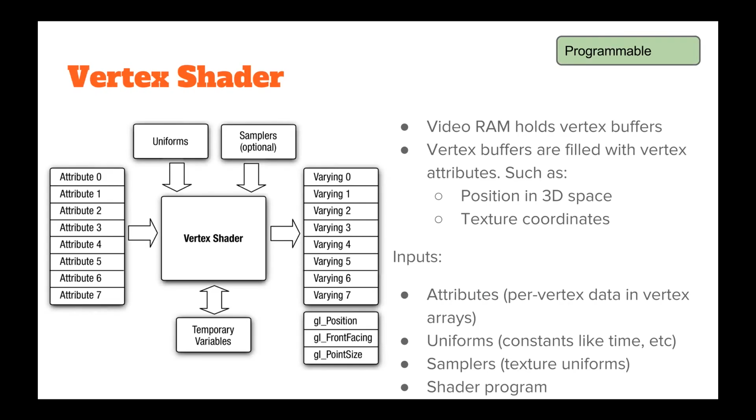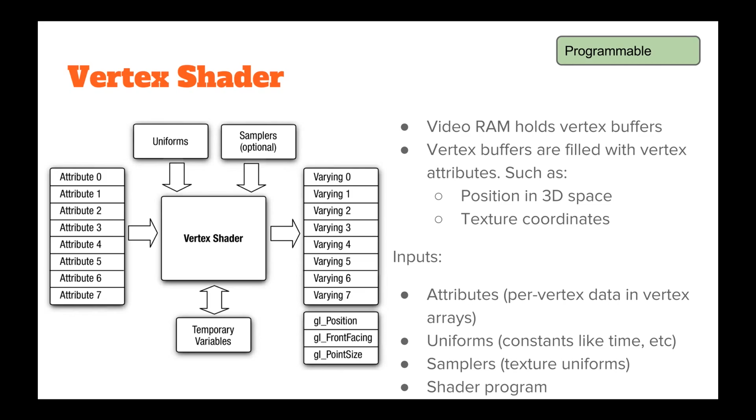So the vertex shader takes in two major kinds of inputs, and these inputs are passed from your application. One type is a uniform. Uniforms are things that your application sets once and then draws, let's say, a set of vertices.